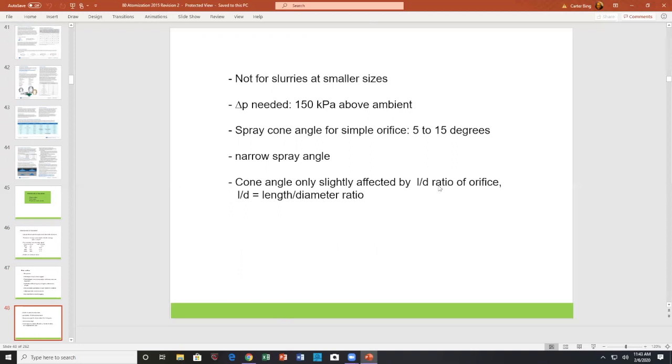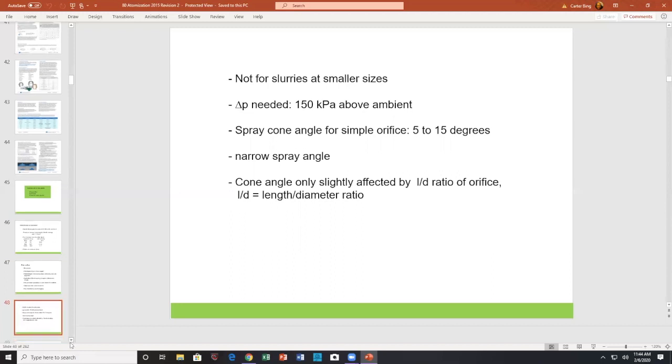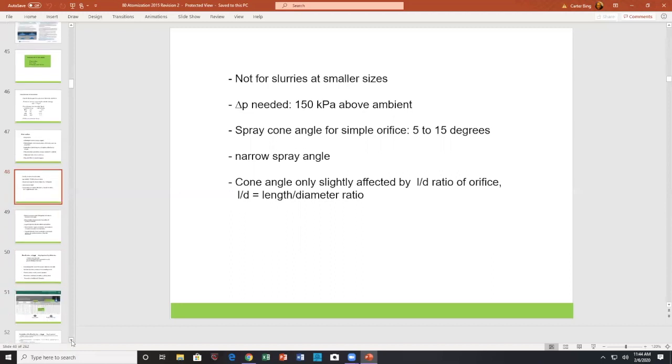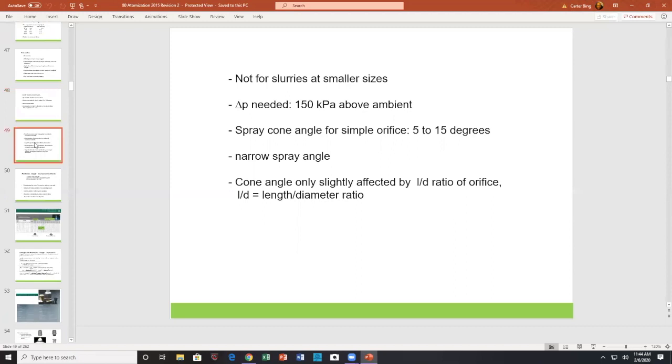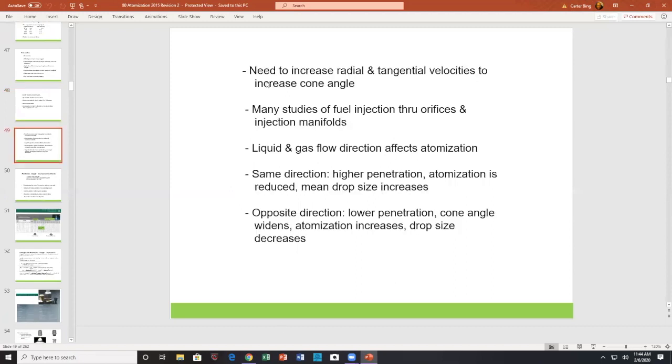Cone angle is slightly affected by the length of the orifice and the diameter of the orifice. Anyway, so battle off some more of these things here. Need to increase the tangential velocity.